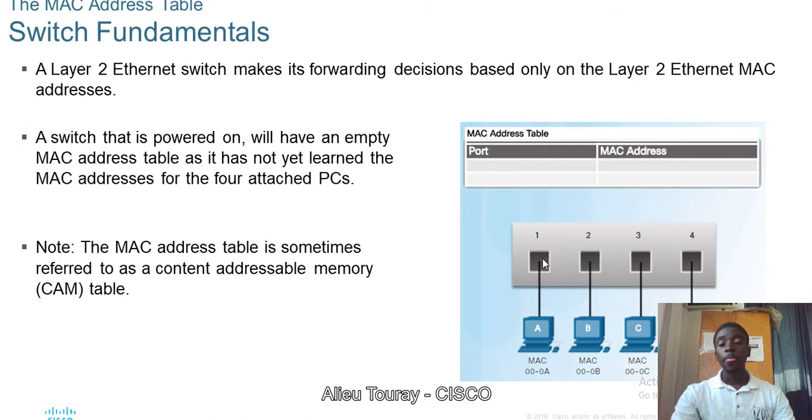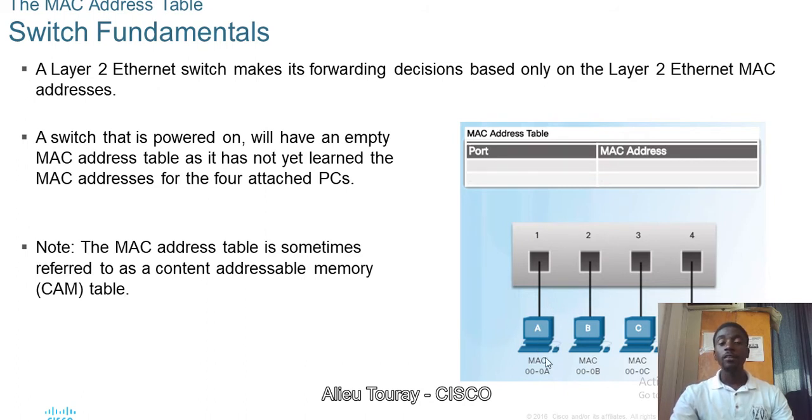Let's say, for instance, this PC right here is connected, PC A, B, C, they're all connected to the switch. The first time, when they have not forwarded any packet or any frame toward or across this switch, the MAC address table will be completely empty, because no packets or frames are forwarded or received by the switch.